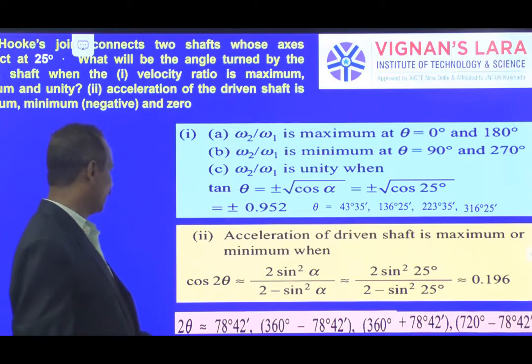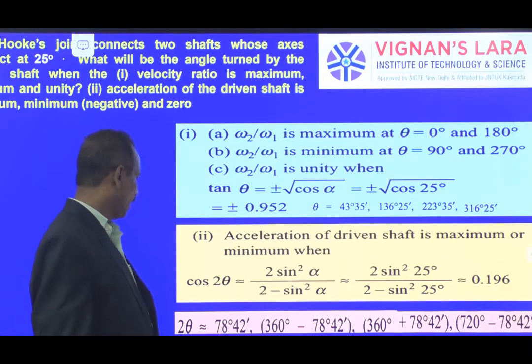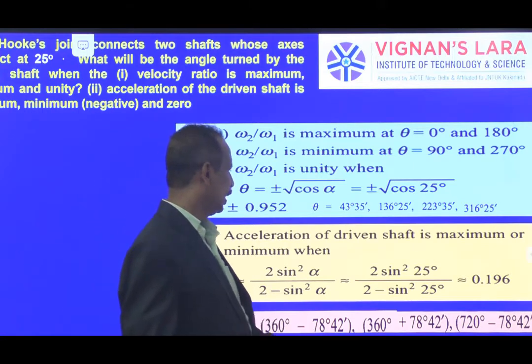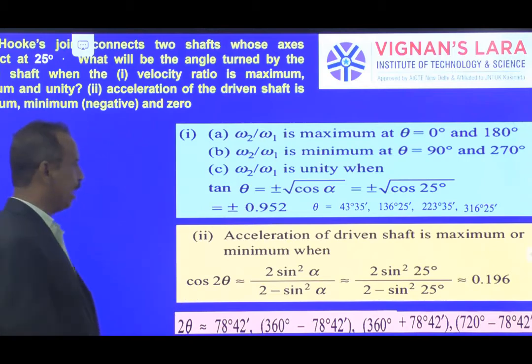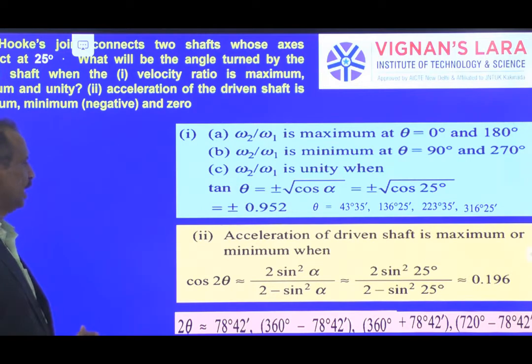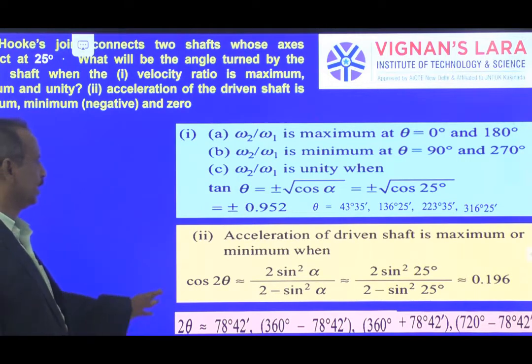So we'll get the angles, half of it: 39, then 140 and 290 and 320 degrees, where you will have the maximum as well as the minimum value, isn't it?